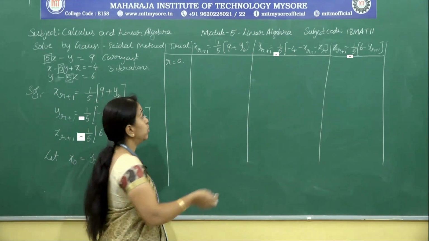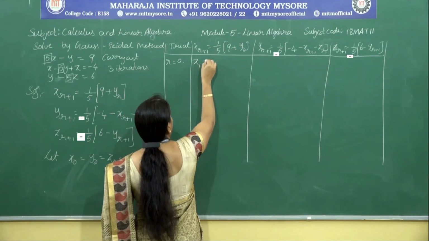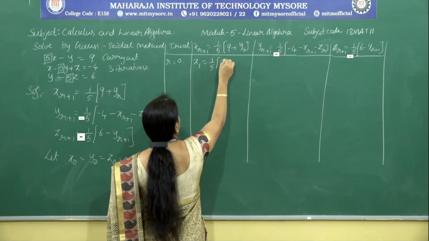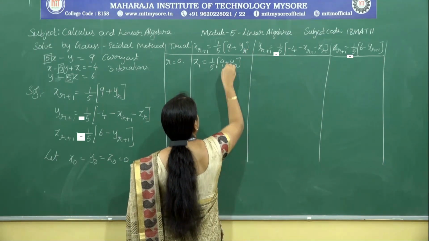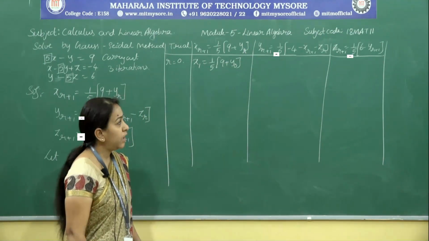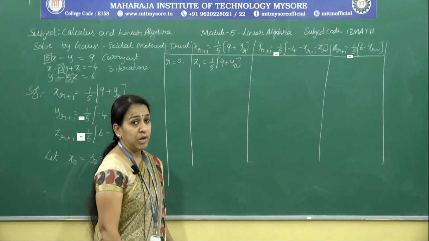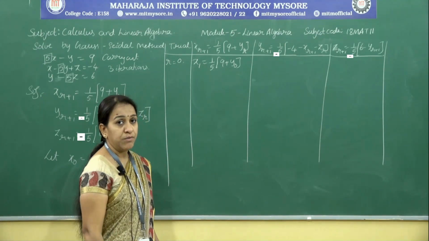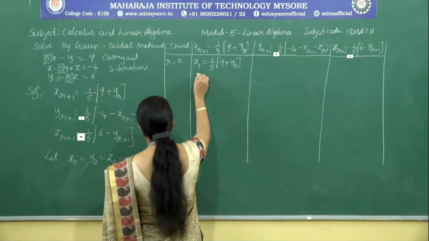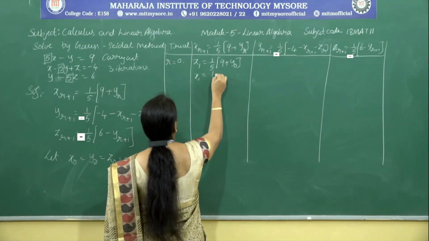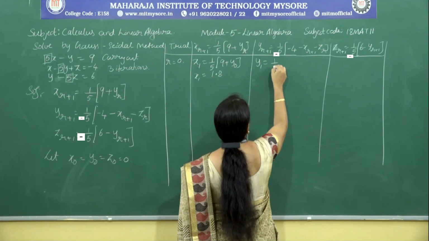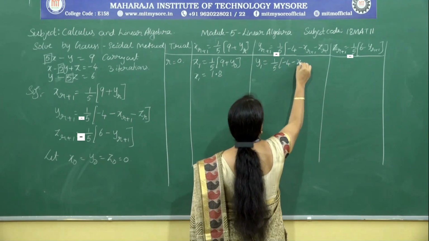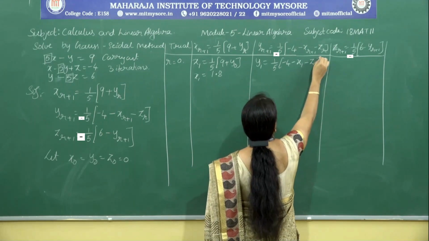So if I put r equal to 0, we are going to get x1. x1 is 1 by 5 into 9 minus, of course this is y_r, in this step it becomes y naught, right. We know y naught is 0, so x1 is 9 by 5, value 1.8.